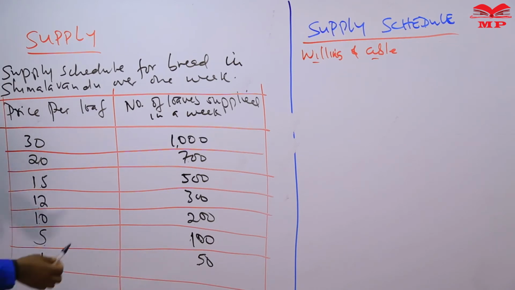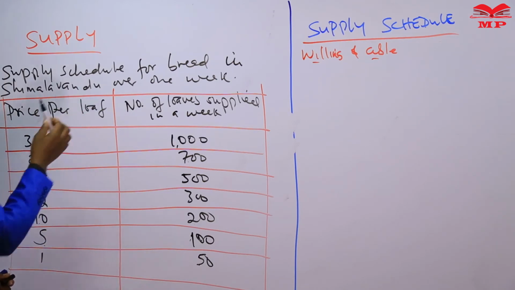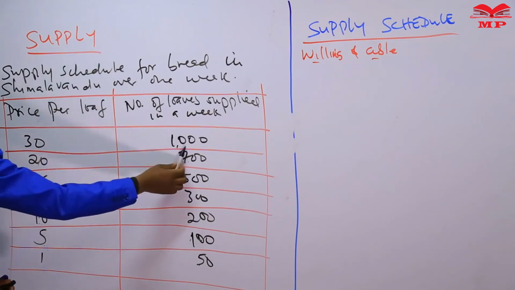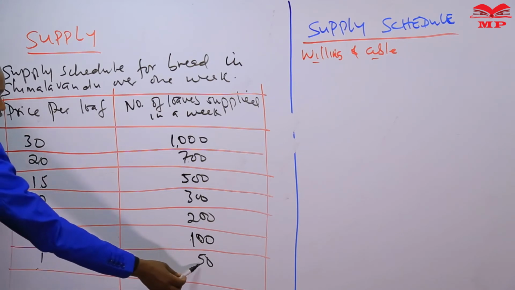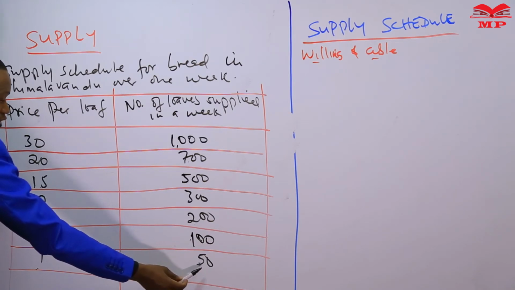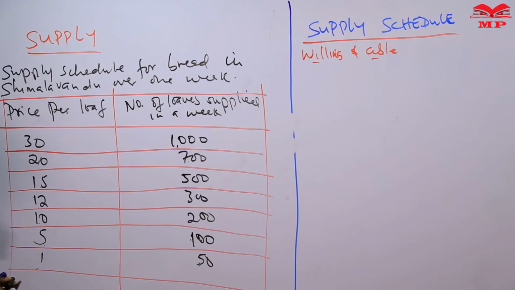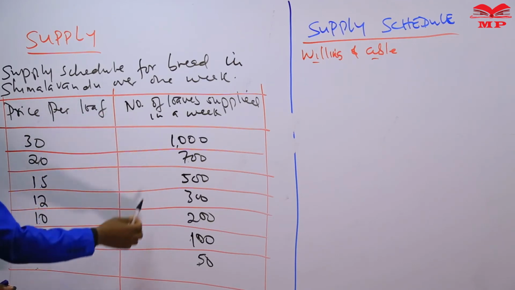So the higher the price, the higher the quantity supplied. And the lower the price, see the price is lowest here at 1 shilling, you see only 50 loaves. The suppliers will be willing and able to supply only 50 loaves. So this is a supply schedule.